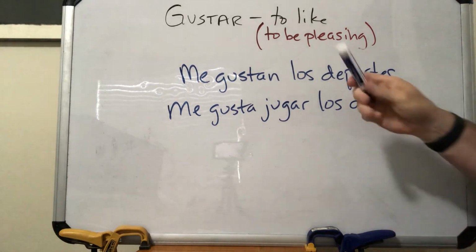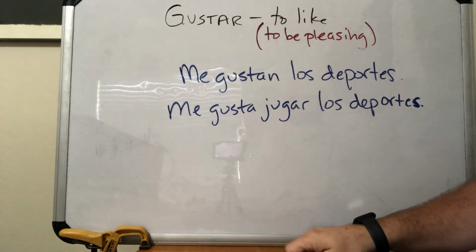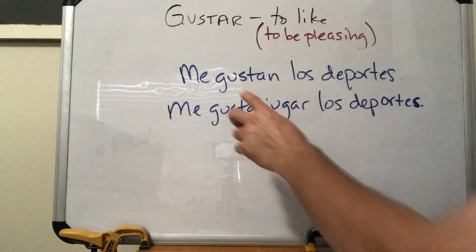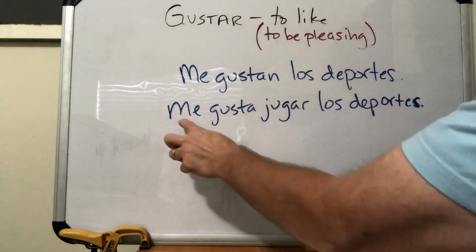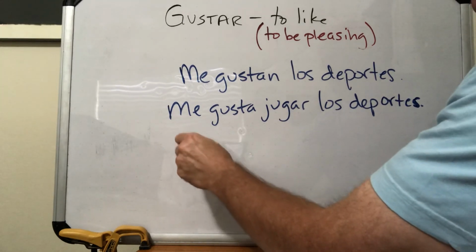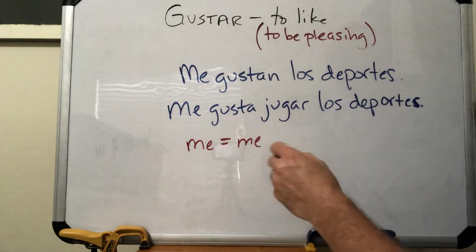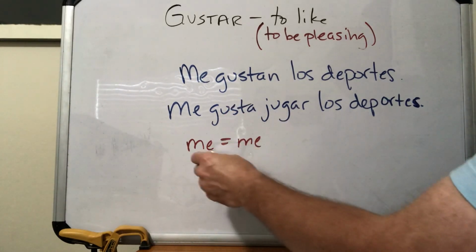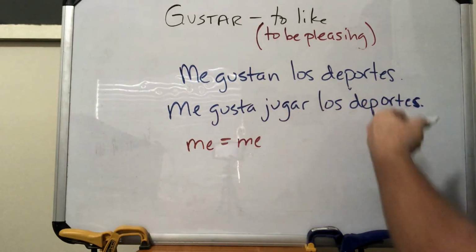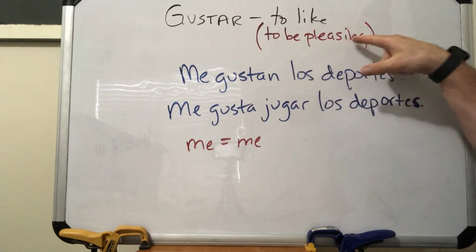All right, now here's where this comes in to be pleasing. Because me does not mean I, right? So in English we'd say I like sports or I like to play sports. But in Spanish, me means me. So this doesn't really make sense if you do a direct translation. It does, however, if you remember that gustar means to be pleasing.